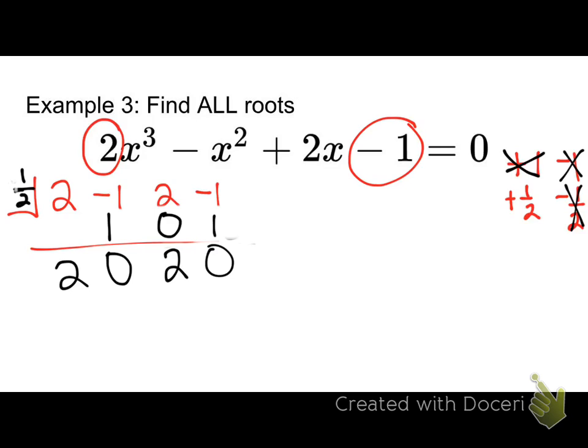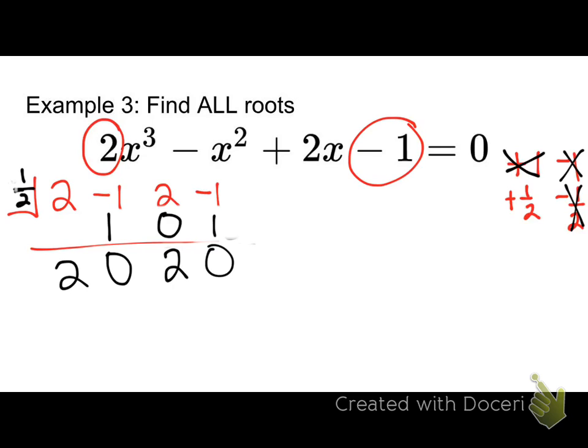If you find one that works and you have to find all the roots, this goes back to like what we were doing in the beginning. And that problem I said you didn't necessarily have to write the whole thing down, because we then use these numbers at the bottom of our synthetic division and plug back in our variable so that we can keep going with this problem. Do you remember that?